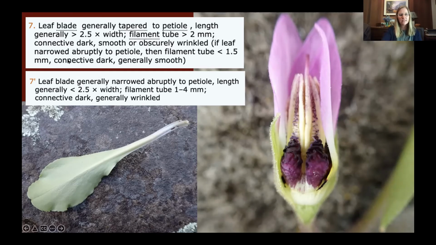So this connective dark, generally smooth, versus connective dark, generally wrinkled. I'm going to take that for the second choice, even though some of these leaf characteristics are a little bit more challenging. And this is also the point where, if you are unsure, it's always good to key things more than one way. Whenever you come to a couplet that's really ambiguous, it's good to go down more than one road.